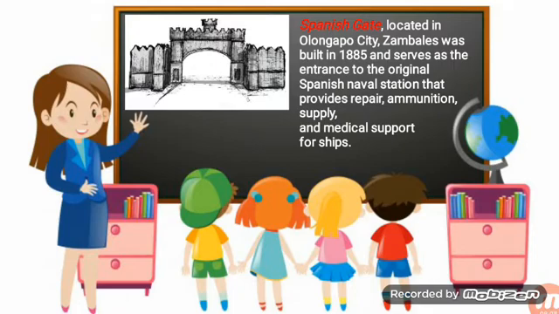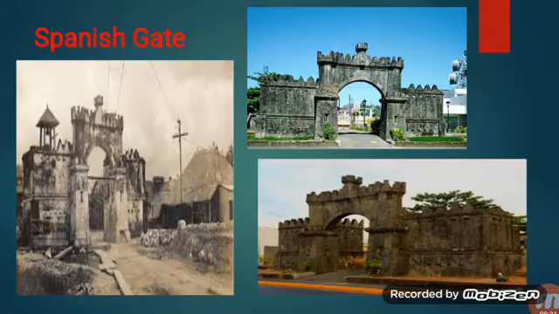Spanish Gate, located in Olongapo City, Zambales, was built in 1885 and serves as the entrance to the original Spanish naval station that provides repair, ammunition supply, and medical support for ships.